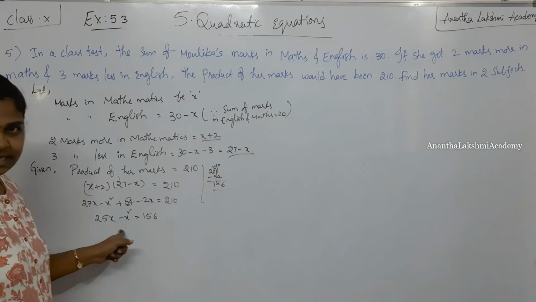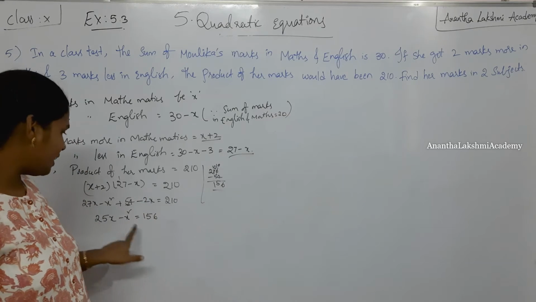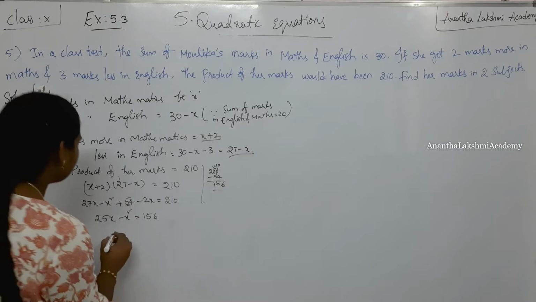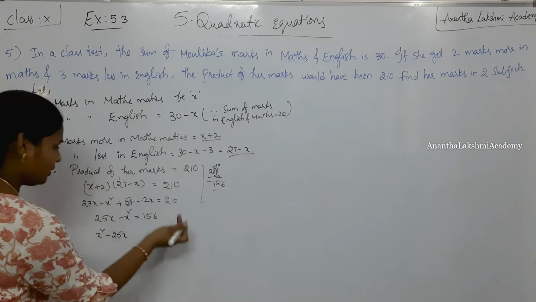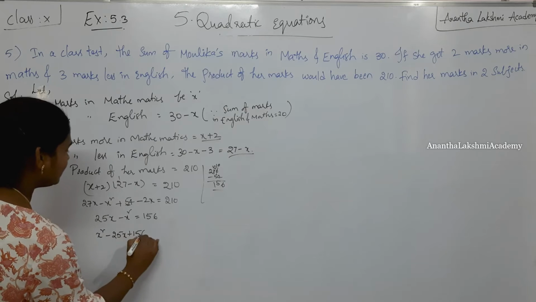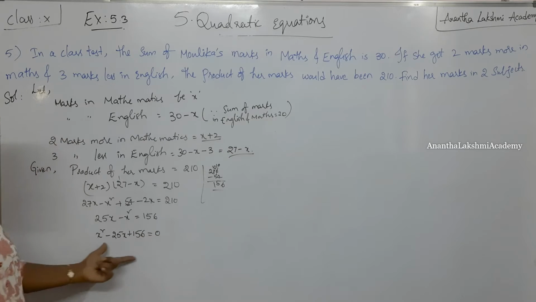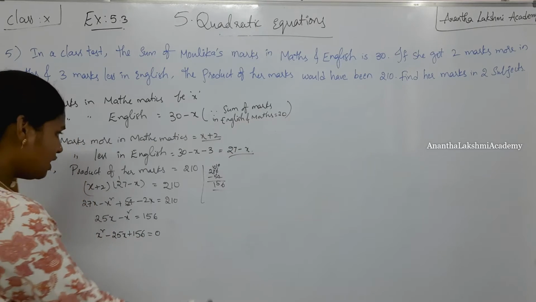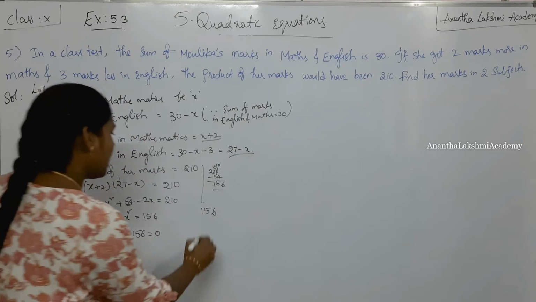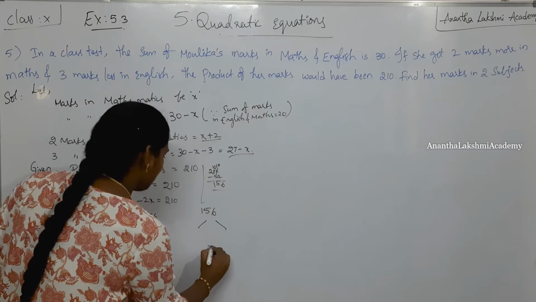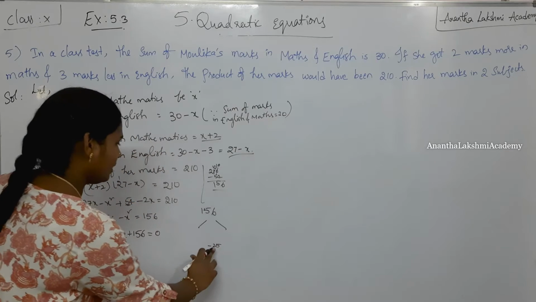So x square is negative here, so let me send x square also to the other side. That way, this becomes x square minus 25x plus 156 is equal to 0. Now that we have a quadratic equation wherein the product of the roots is 156 and the sum of the roots is minus 25.